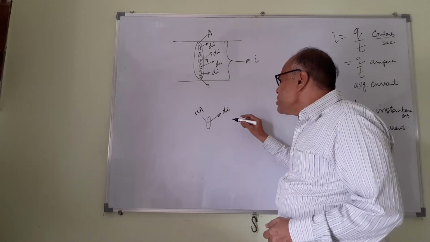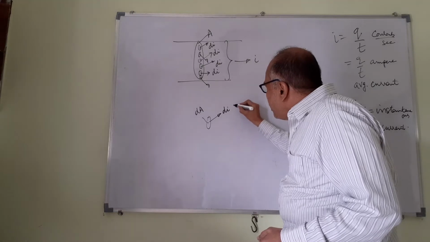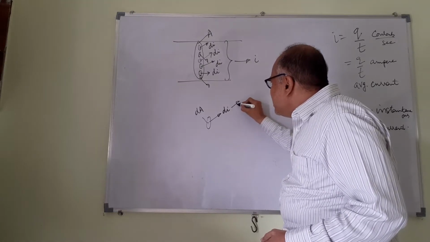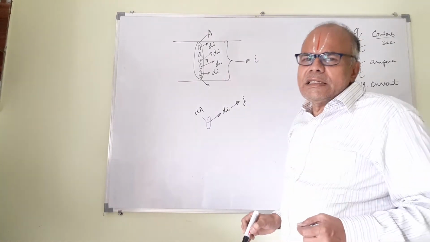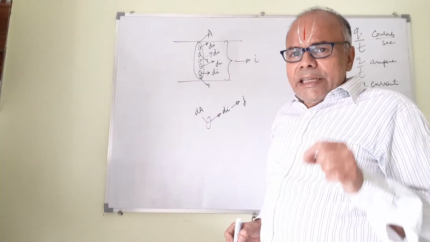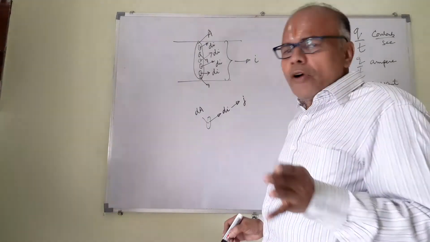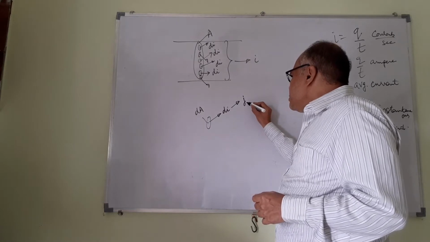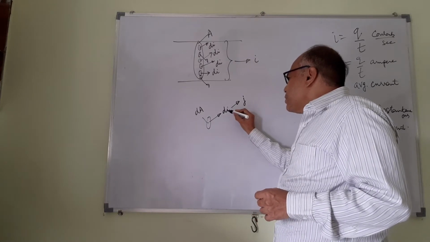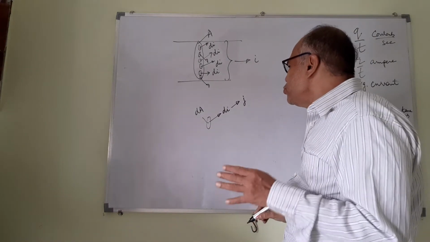Now what we basically do is, we define a quantity known as current density, we call it J, as the current per unit area held normal to the flow of current. Yes, current density J is the current flowing per unit area held normal to the flow of current.